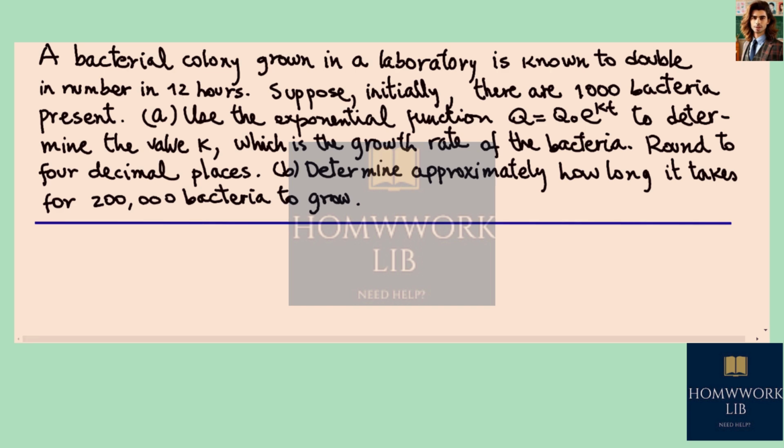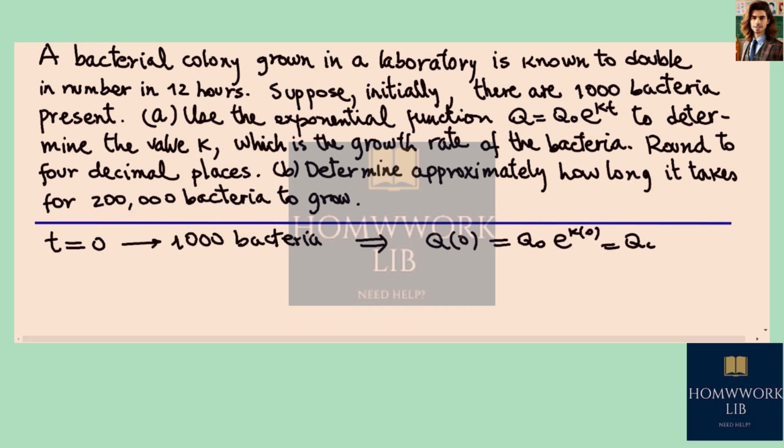So there, the first thing to notice is that for t equals 0, we have 1,000 bacteria present. It means that q at 0, which is equal to q0 e to the k times 0, that is q0 because e to the 0 is 1, is equal to 1000 because it's q at time 0.